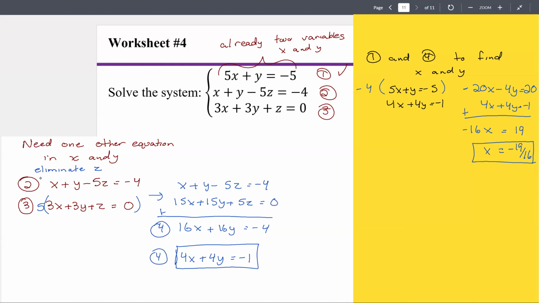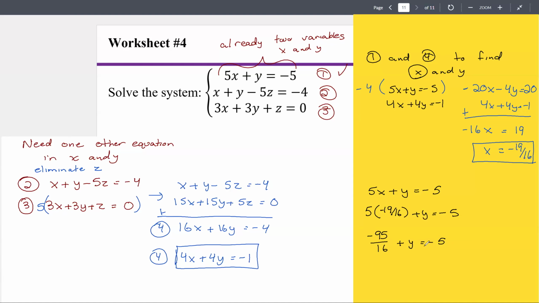So now we go back, we found x, so now we just have to find y. So we have 5x plus y equals -5. So if I just replace that with 5 times -19/16 plus y equals -5. 5 times 19 is going to be a 95, so this is -95/16 plus y equals -5.